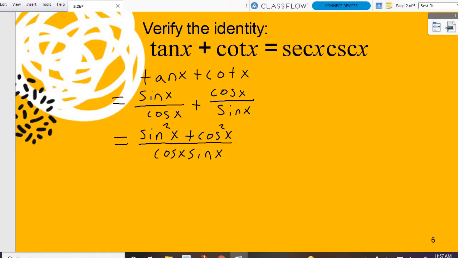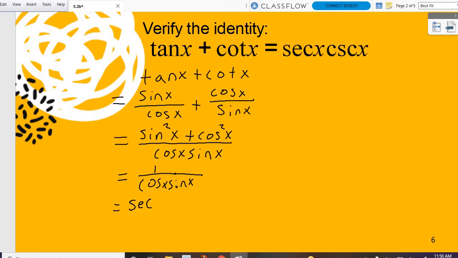So hopefully that looks vaguely familiar. What is sine squared plus cosine squared? Using our Pythagorean identity, it equals 1. So we have 1 divided by cosine of x, sine of x. But what is 1 divided by cosine?